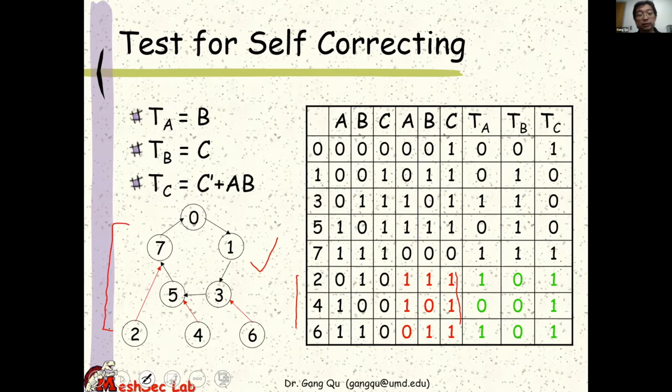For each of these 3 unwanted states, the next move goes back to this circle. In that sense we are saying this circuit is self-correcting, which means that if for whatever reason you come up with a wrong, unspecified state, just let the clock run 1 cycle and you come back to the right track. So this is a very good design.